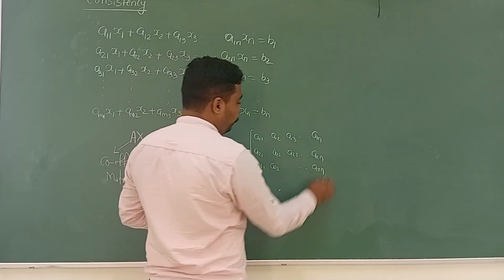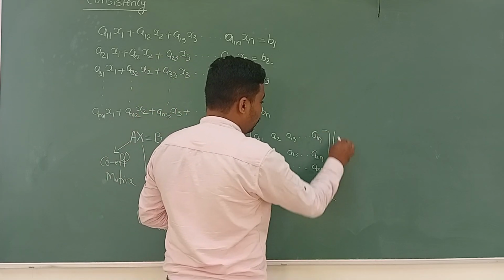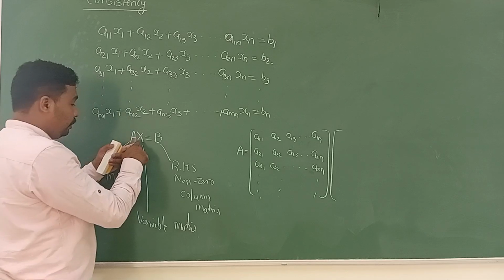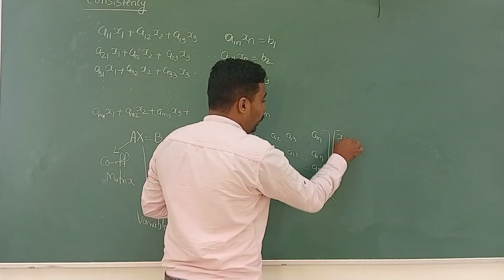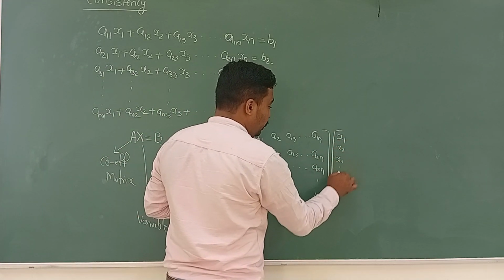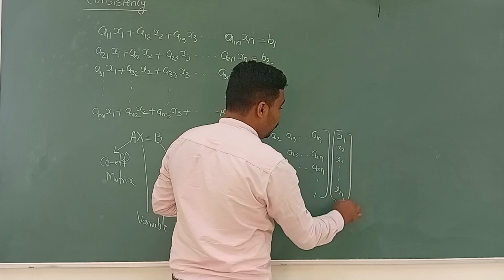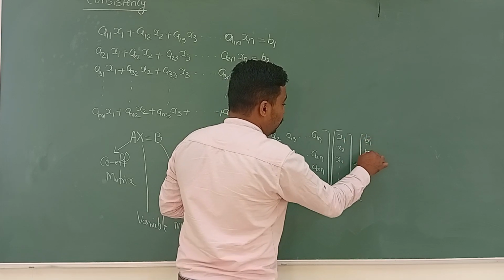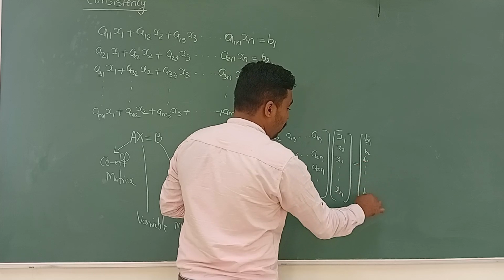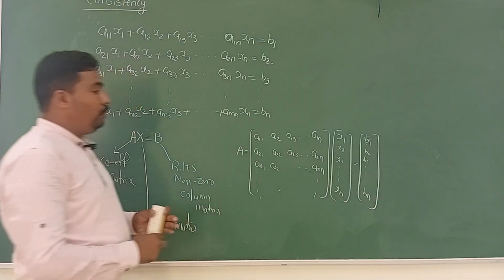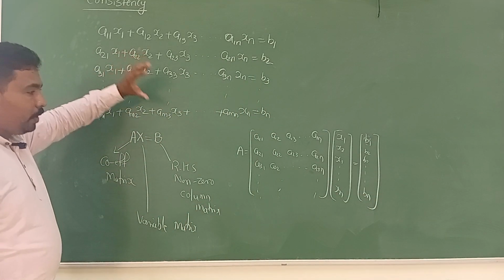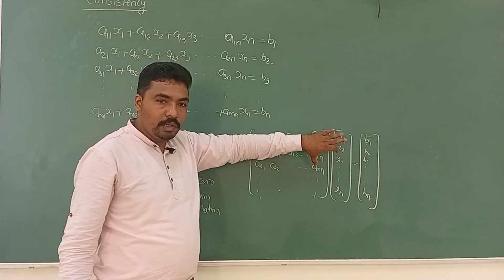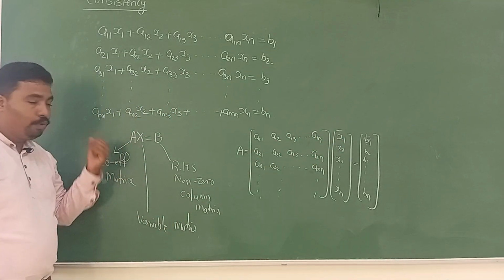Then x indicates the variable matrix: x1, x2, x3, dot, xn. And the right hand side matrix is b1, b2, b3, dot. Now we have expressed the given system of equations in matrix form, and this is nothing but the form Ax equal to b.